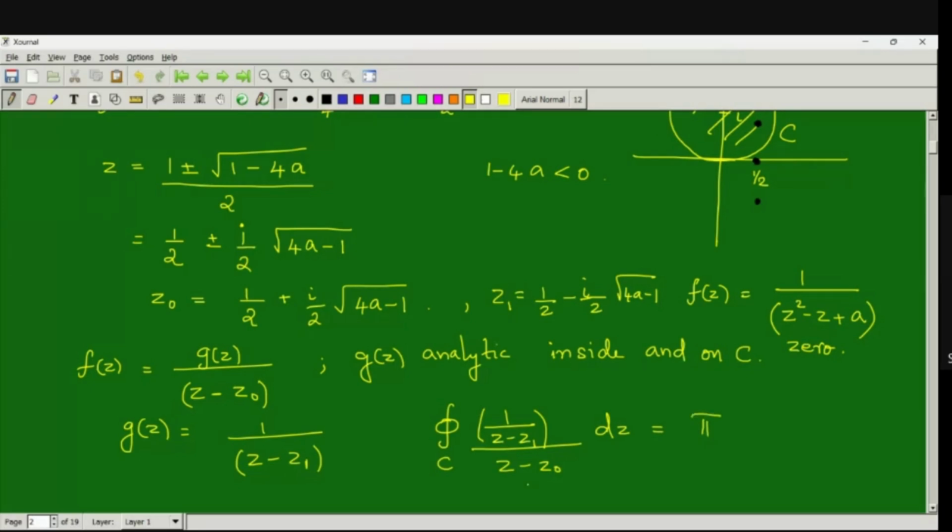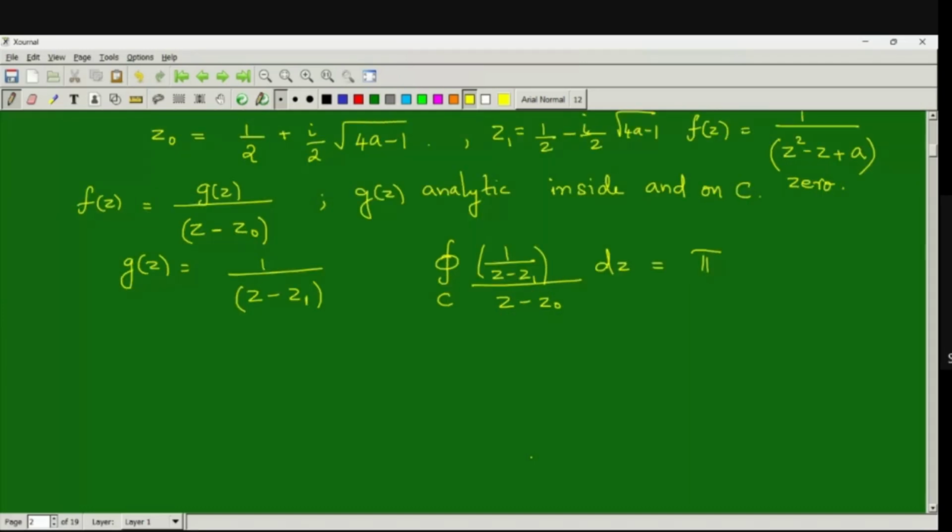Now we can apply Cauchy's integral formula. What was Cauchy's integral formula telling us? This is actually 2 pi i g of z0. Okay. So what is g of z0 that we have to find?